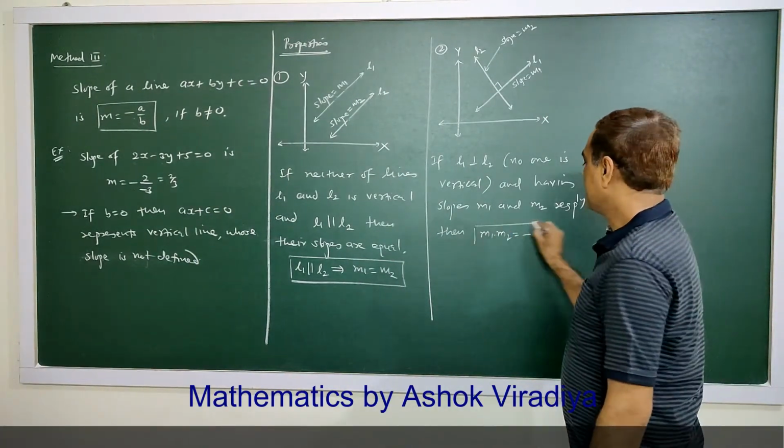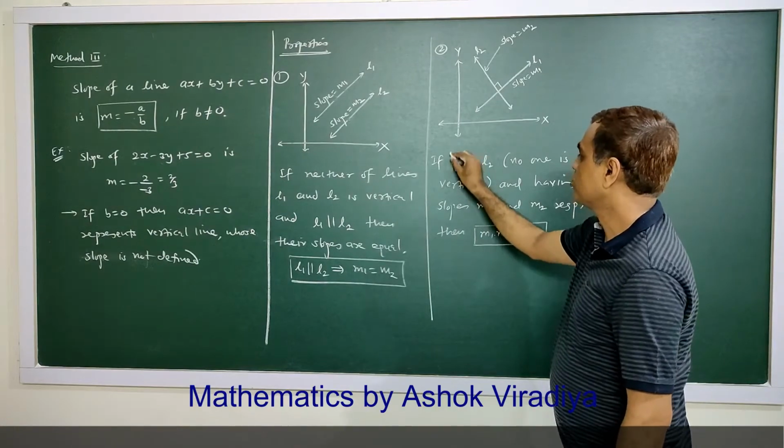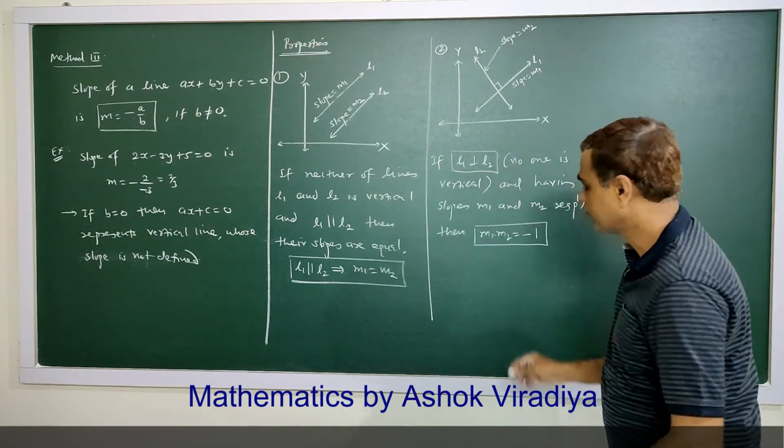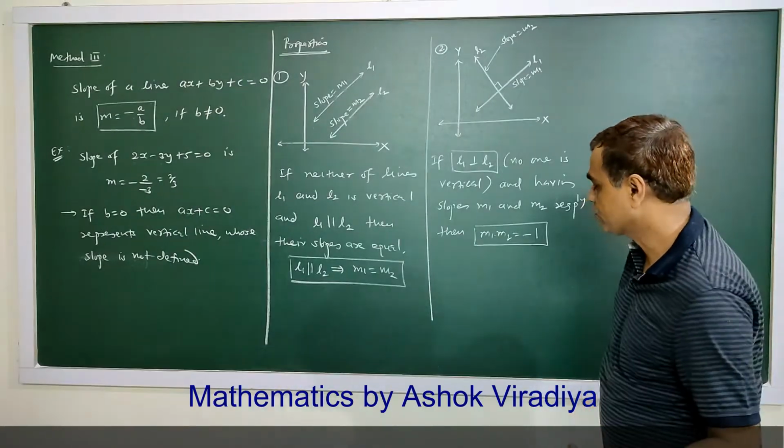So remember, if L1 is perpendicular to L2, the product of slopes is always -1.